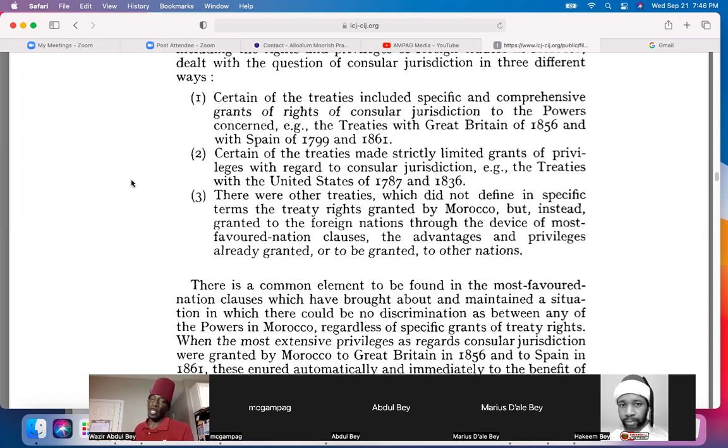But what's really interesting is that the International Court of Justice judges said that, according to the Treaty of Peace and Friendship, the United States only got limited consular jurisdiction.